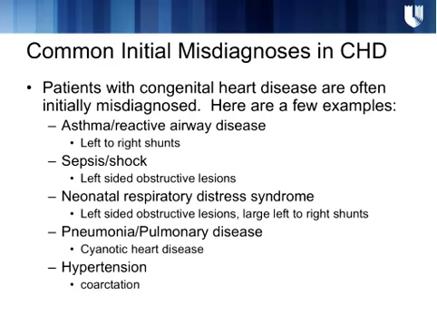Neonatal respiratory distress syndrome can be misdiagnosed in patients with left-sided obstructive lesions, and also patients with large left to right shunts. And pneumonia and pulmonary disease can often be misdiagnosed for patients with significant cyanotic heart disease, such as the infant with pulmonary atresia. And then hypertension is also a common misdiagnosis for patients with coarctation of the aorta.